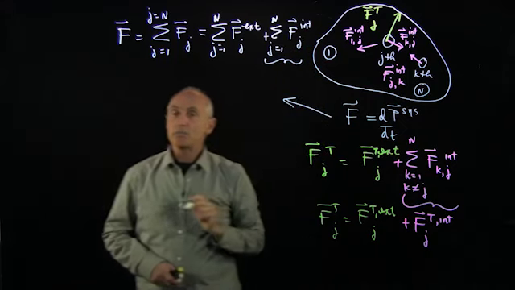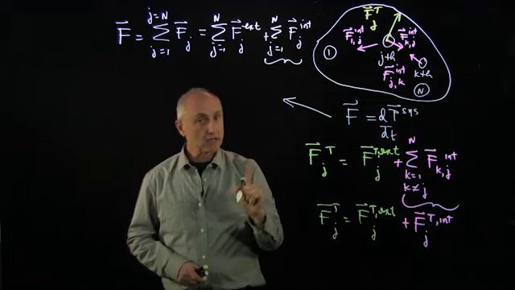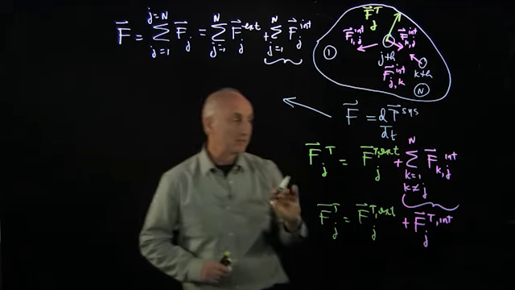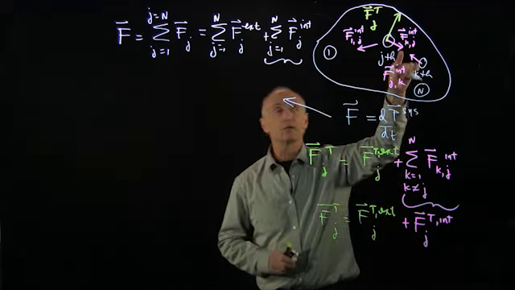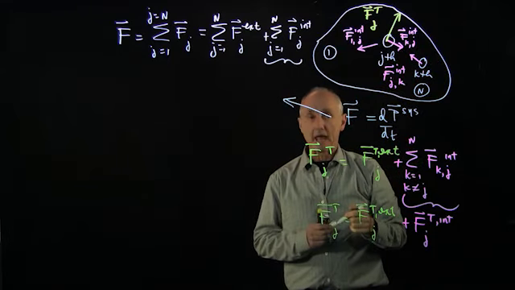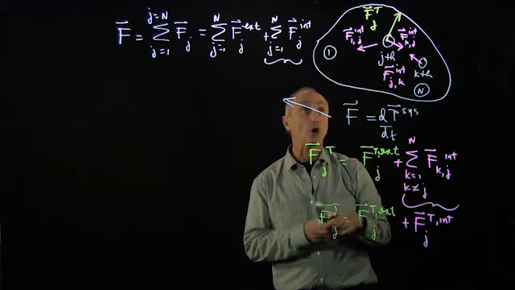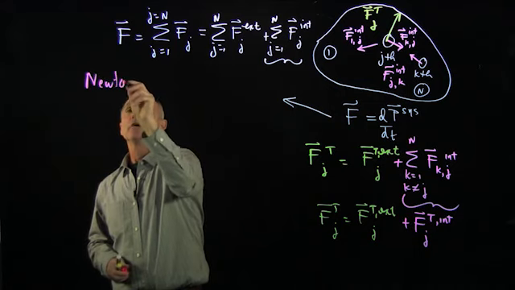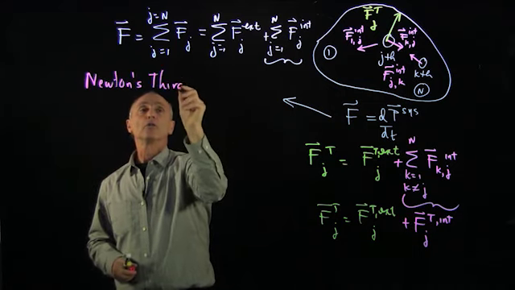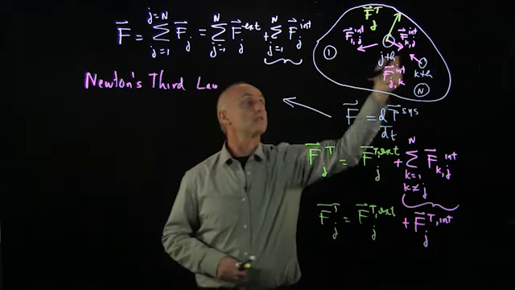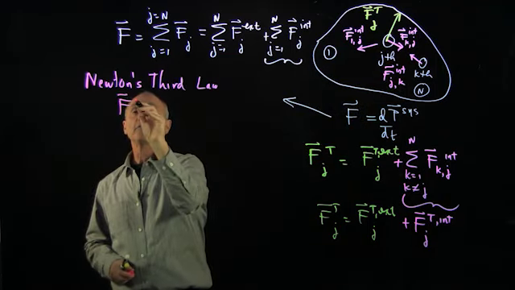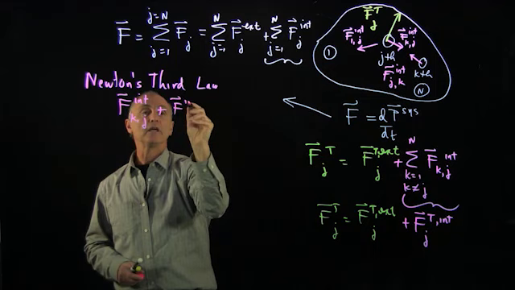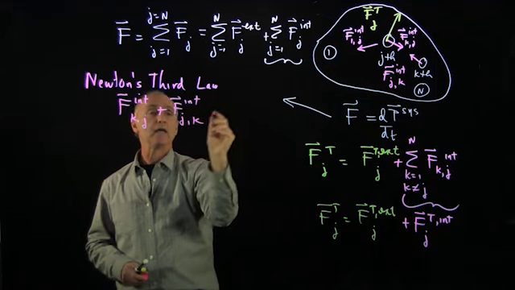Now we want to apply Newton's second law. And the concept is very straightforward, but the mathematical expression can be a little bit messy. We know by Newton's third law that the sum of a pair of internal forces is 0. So as an example, let's just focus on this particular pair: F internal kj plus F internal jk is 0.